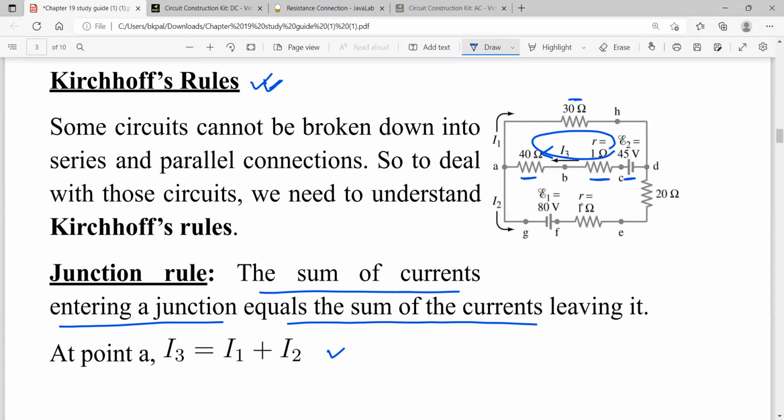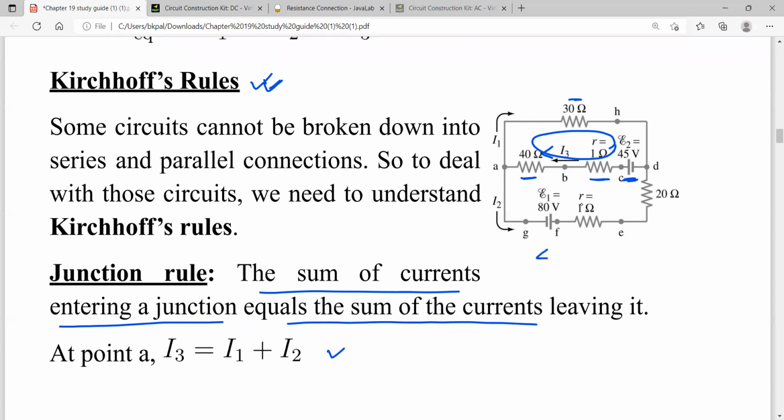If I walk through this loop, let me start from here. Here I am going from the negative to the positive terminal of the battery, so it will be 45 volt.